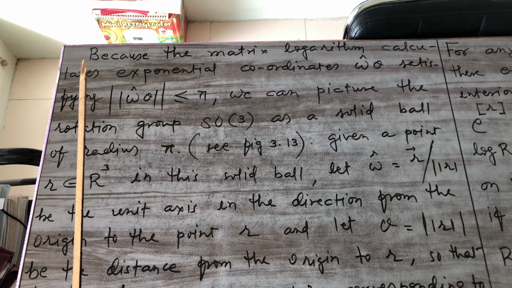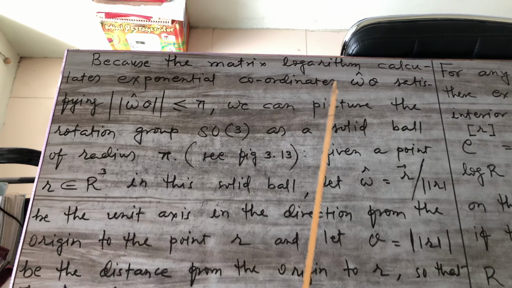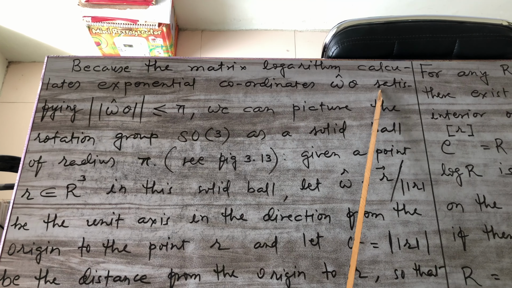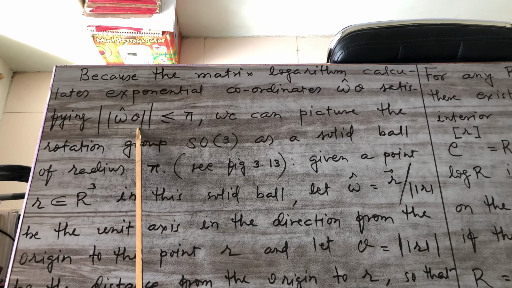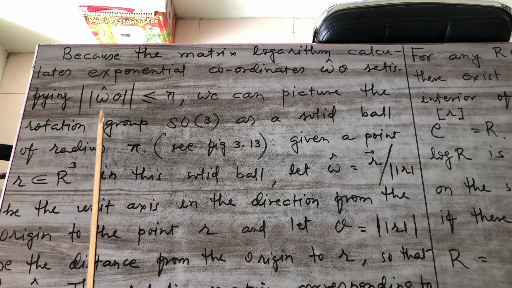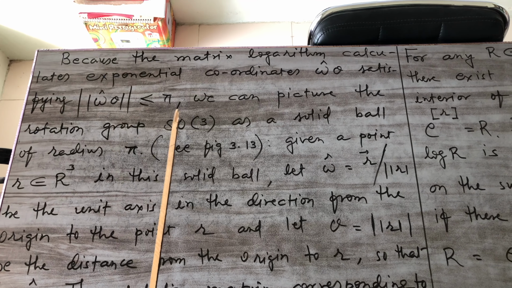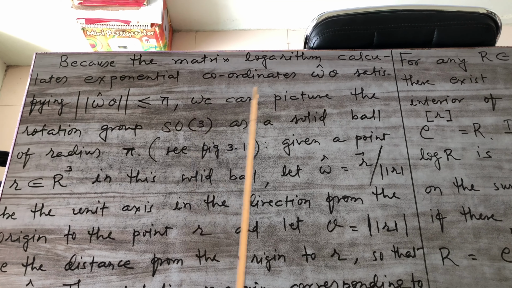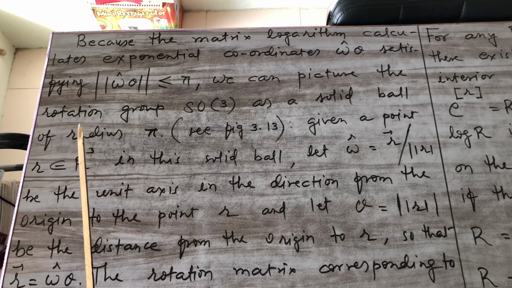Because the matrix logarithm calculates the exponential coordinates omega cap times theta satisfying the magnitude of omega cap theta less than or equal to pi, since the magnitude of omega cap is 1 and theta is between 0 and pi, we can picture the rotation group SO(3) as a solid ball of radius pi.